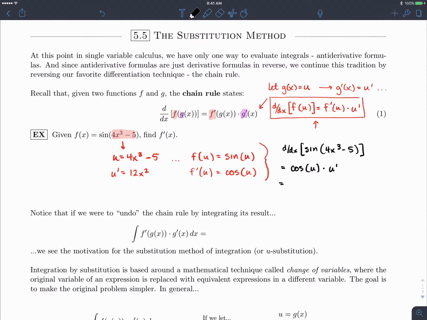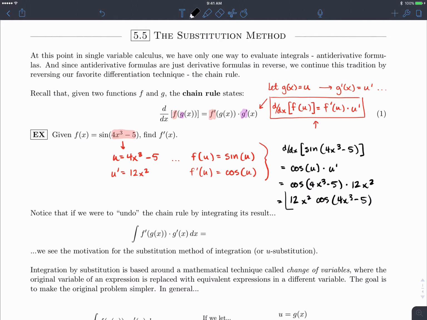And if we fill in our blanks here, we've just got the cosine of 4x cubed minus 5 times 12x squared. And usually we want to put those coefficients out front. Now we've just got 12x squared times cosine of 4x cubed minus 5.